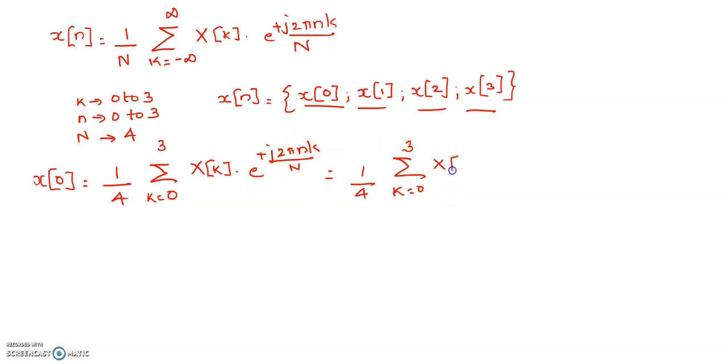So this is equivalent to summing x of k. For finding x of 0, there is not much of an issue.